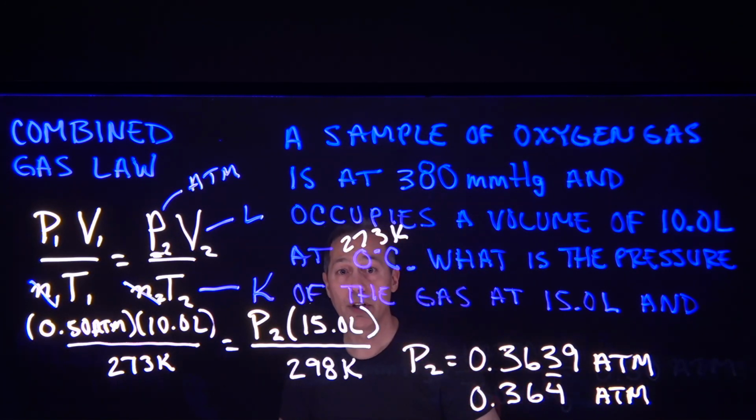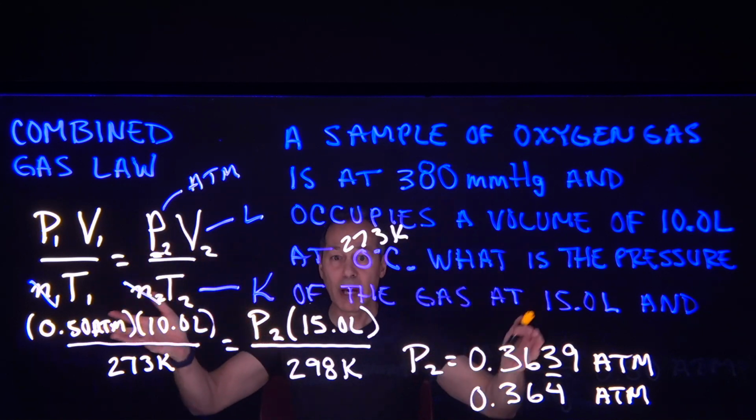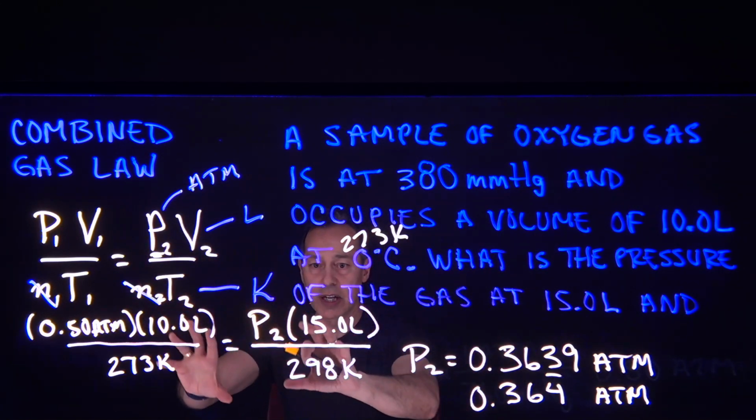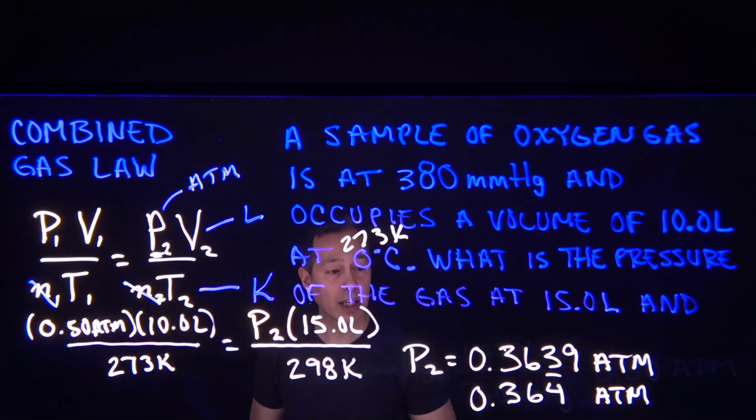Now, what I would encourage you to do is, I did all this math here on the board, try setting this up and typing it into your calculator and make sure that you come up with this answer. Everybody's calculator is different. You want to just make sure that you get the right answer when it comes time to doing homework and taking exams.